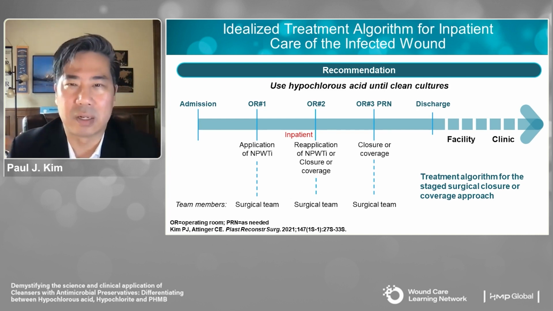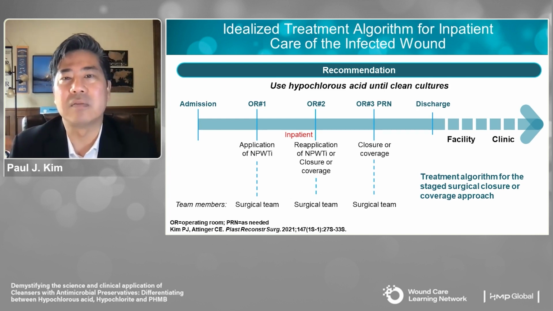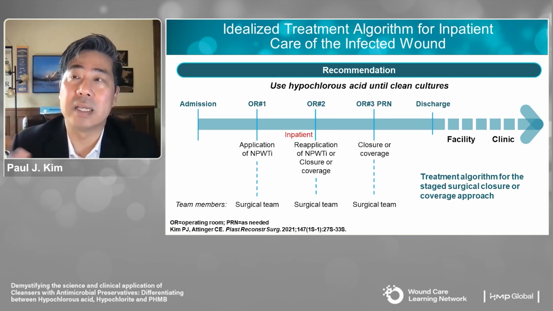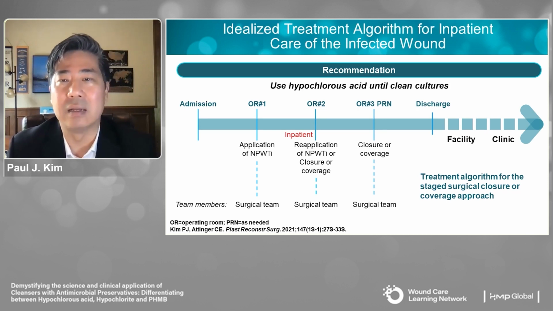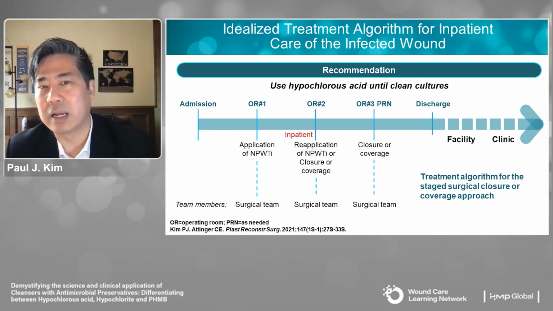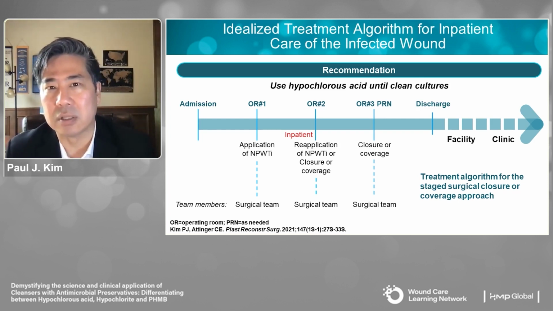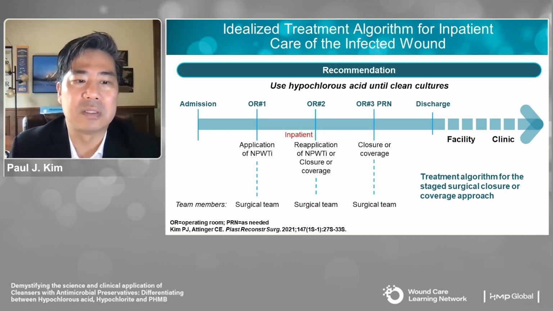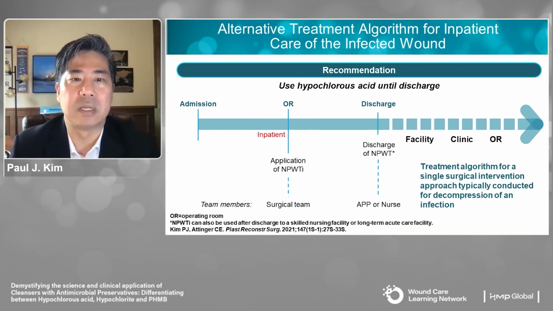Then I switch to something like normal saline, and that's because of the cytotoxic effects on the tissue that he was observing. And as I think back about that conversation, he was absolutely right. If you look at the benchtop data, it does tell that same story. But when you use something like hypochlorous acid or Bosch solution, you won't have that issue. And sometimes it's logistically easier to stick with the same solution throughout their hospitalization.